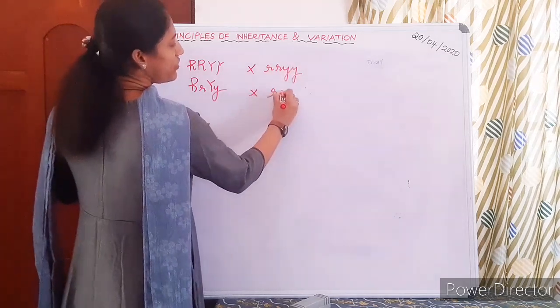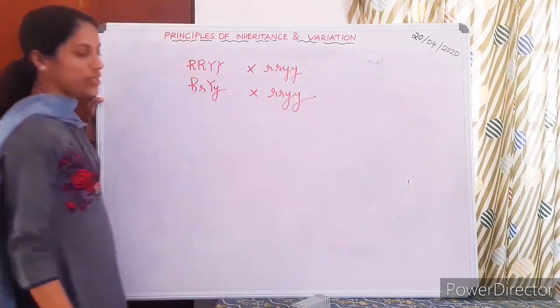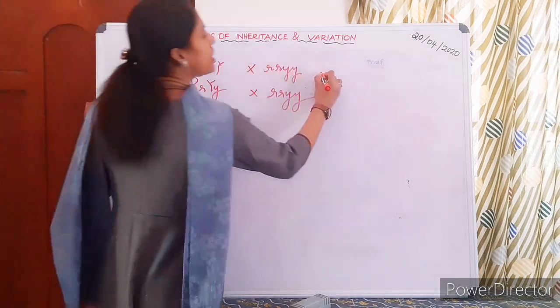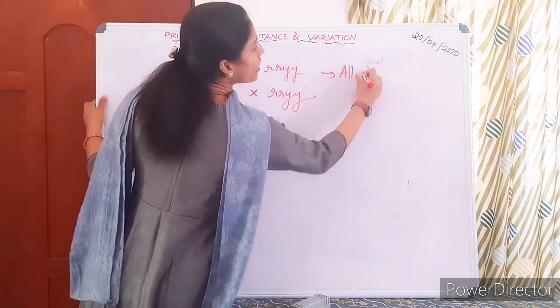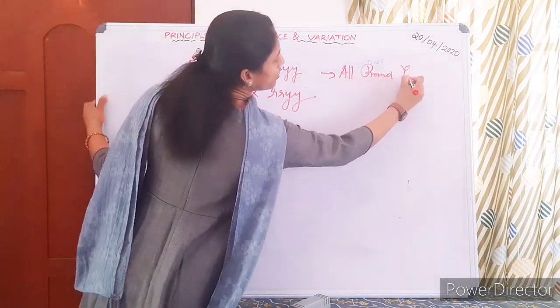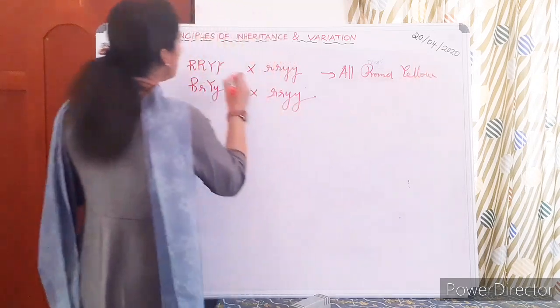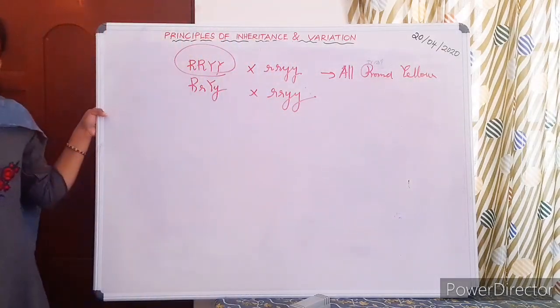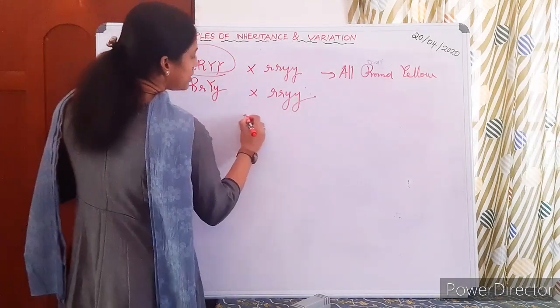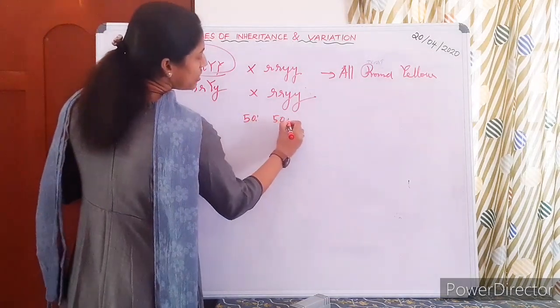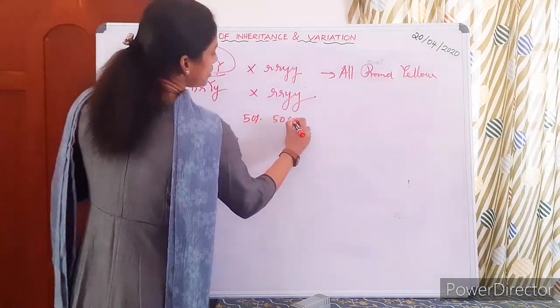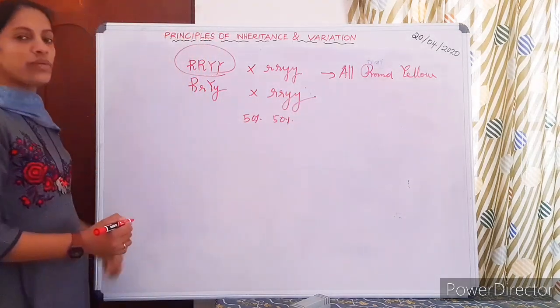Double recessive. We cross it with double recessive. If all of them are round yellow, it means it is homozygous.